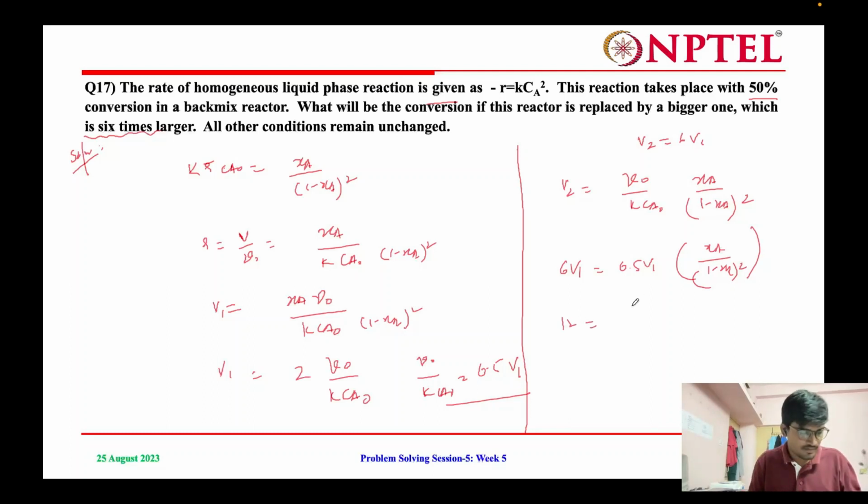Therefore 12 equal to XA over (1 minus XA) square. After simplifying, you will get XA square minus 2.5 XA plus 1 equal to 0. Solve these equations, and you will get XA equal to 1.33 and 0.75. Conversion cannot be greater than 1, so XA is equal to 75%.